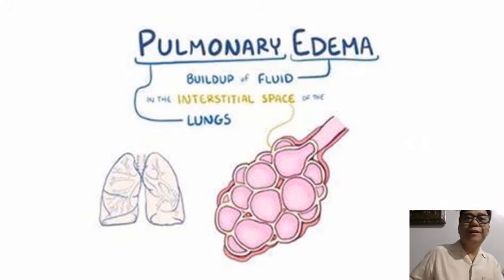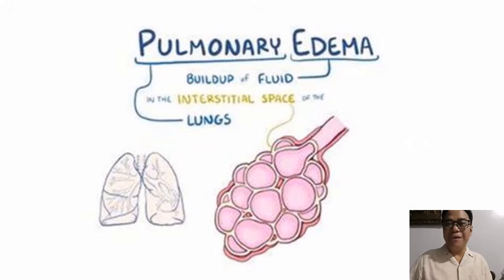Okay, so they might be sweating a lot. Okay, and they might start to spit out the pink frothy sputum. They could also experience the signs and symptoms of heart failure.